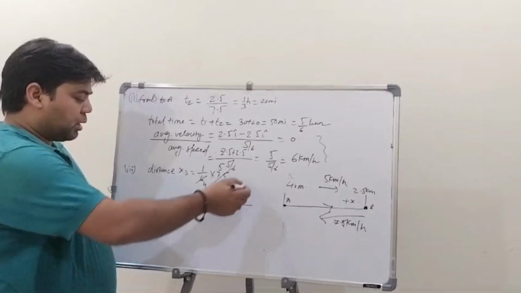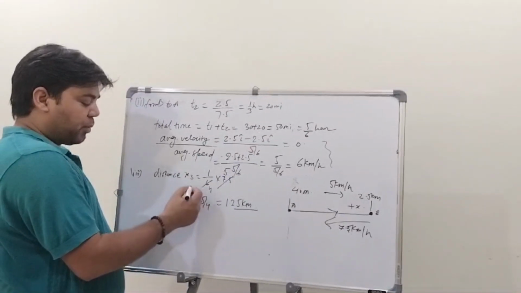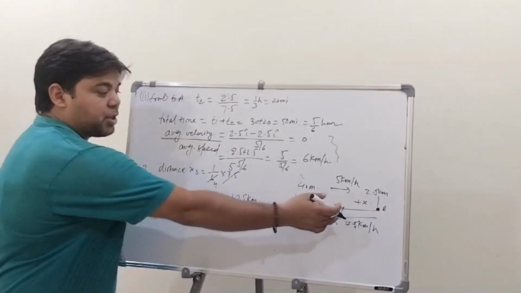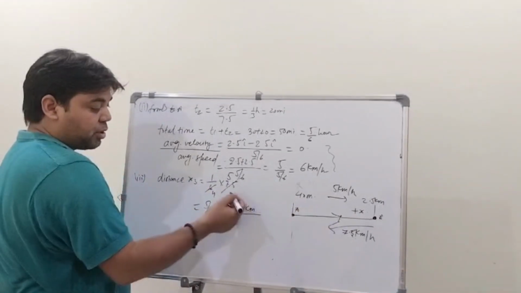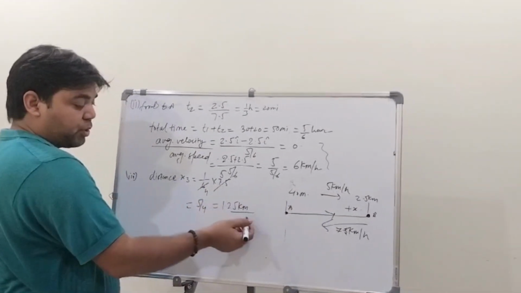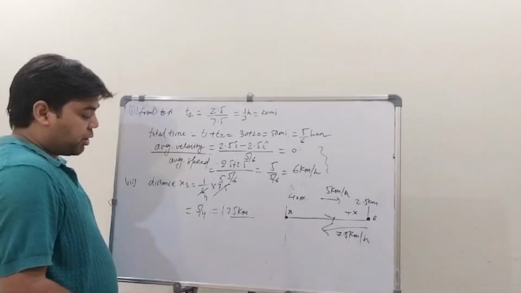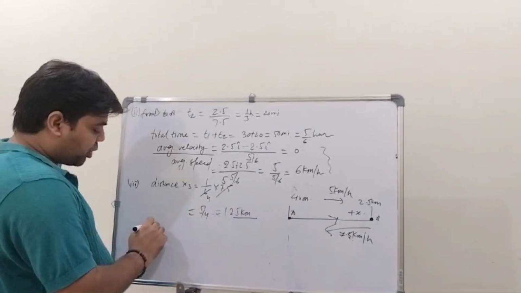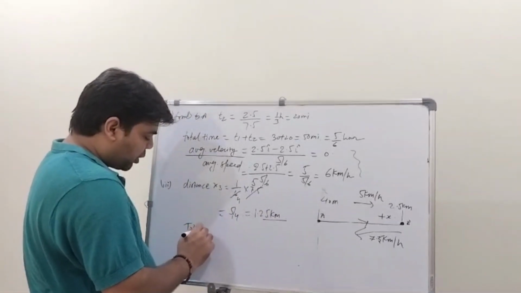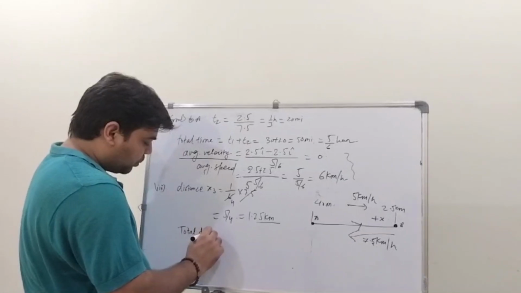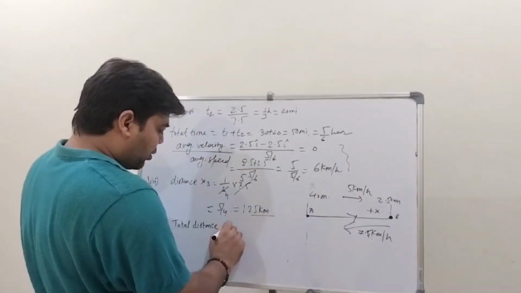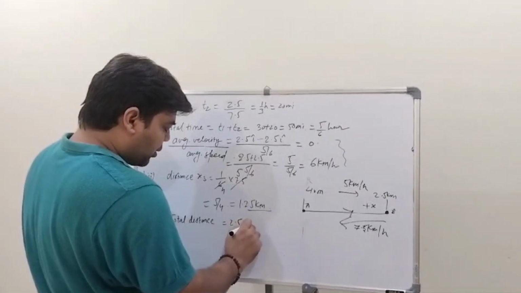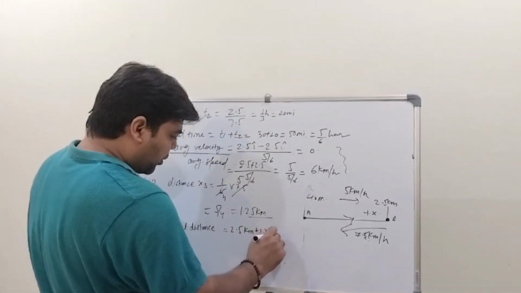So the distance traveled in the last 10 minutes will be 1 by 6 multiplied by the average speed, which is 7.5. So it is 5 by 4, which is 1.25. So distance is 1.25 kilometers. Total distance is how much? So total distance will be 2.5 km plus 1.25 kilometer.